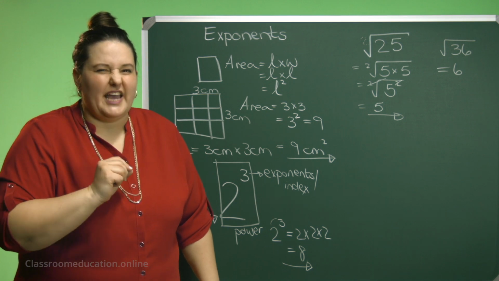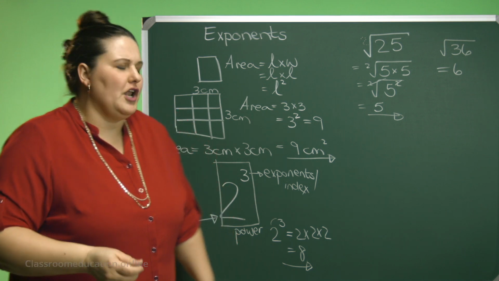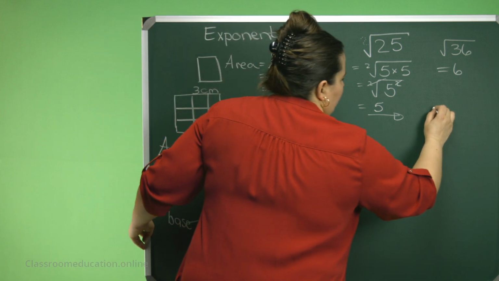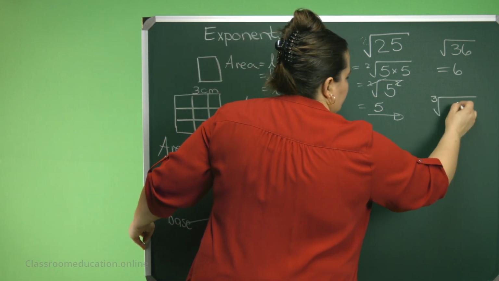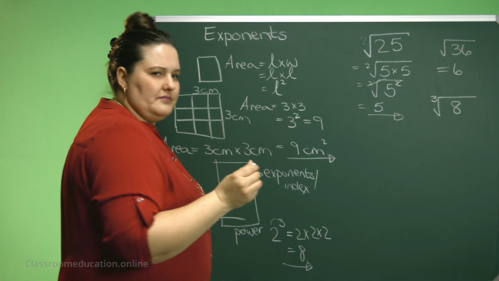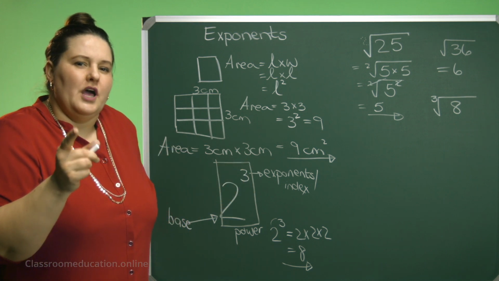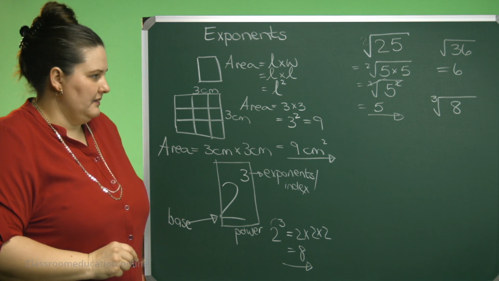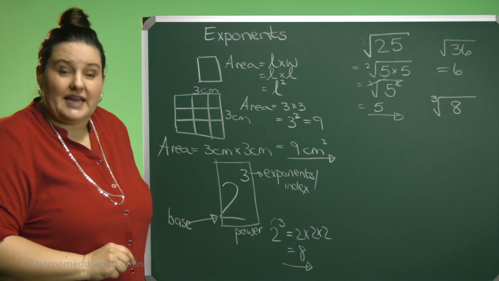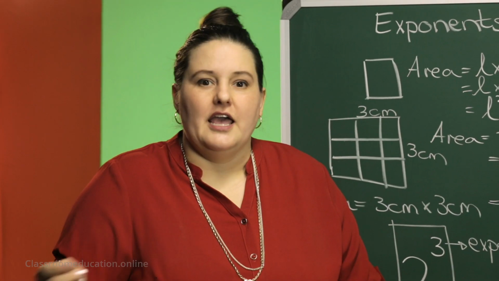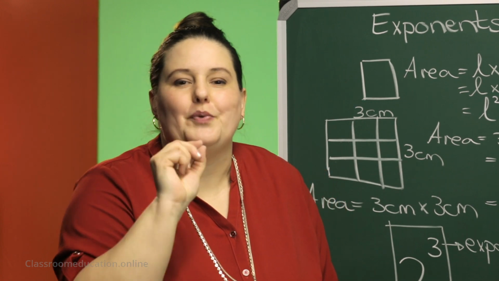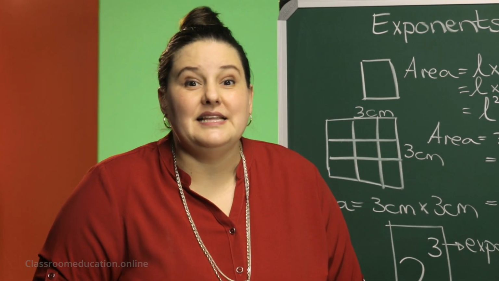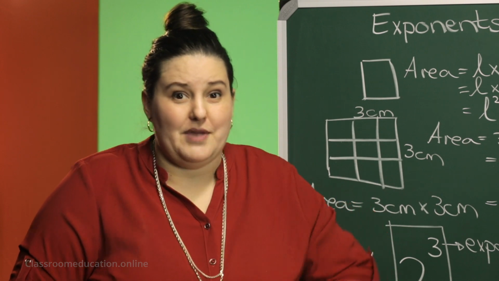Okay, I have a challenge for you. How about the following? I'm asking you the cube root of 8. What does it mean? Can you see a picture? If I'm asking you the cube root of 8, it means that I am now in 3 dimensions.